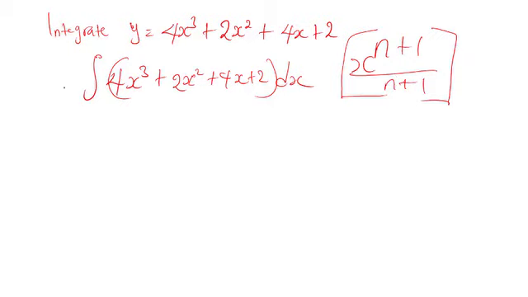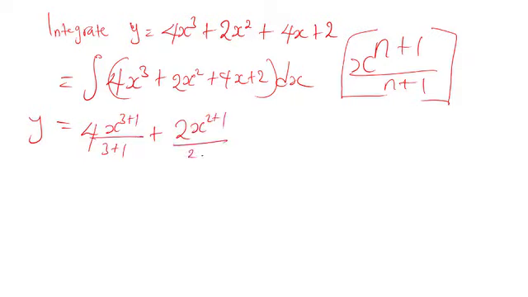So let's proceed further. We now have the integral, which is y, as 4. Here our value of n is 3. So 4x to the power 3 plus 1 over 3 plus 1, plus 2. The value of our n here is 2. x to the power 2 plus 1 over 2 plus 1, plus 4. The value of our n here is 1, because 4x is the same as 4x to the power 1.